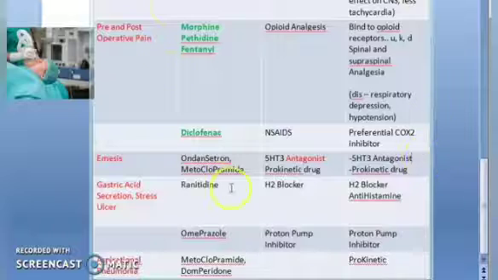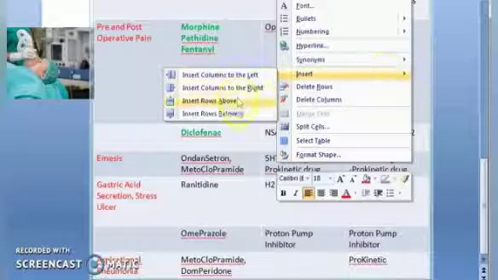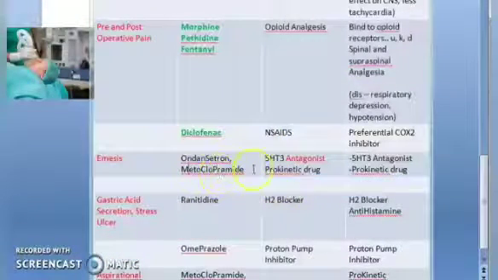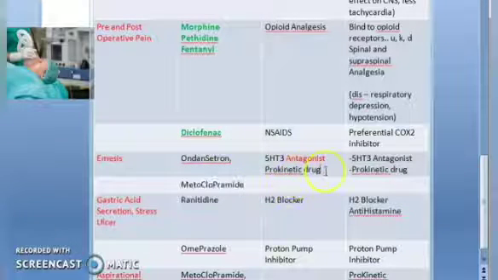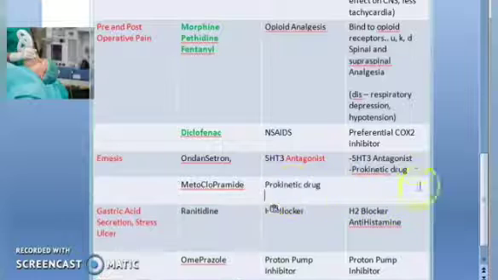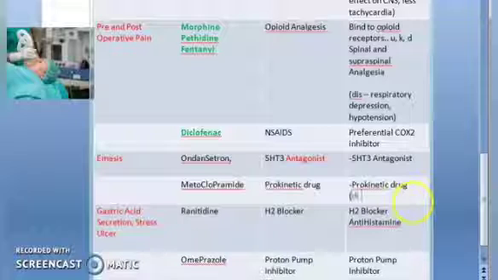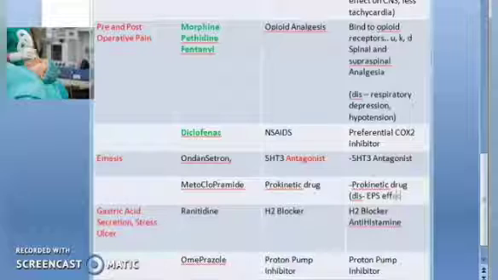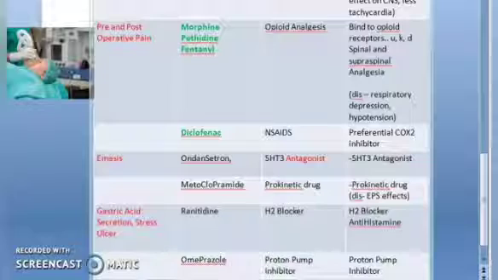So, as metoclopramide has some side effects, okay, hold on, let's make another row here. How do you make another row? Insert a row below, okay. Bring this metoclopramide here. See, metoclopramide is a prokinetic drug. It can also be used as antiemetic. But the problem with this is disadvantages are EPS effects. Extrapyramidal side effects are more. Okay. So what are these extrapyramidal side effects? Like Parkinsonism, acute dystonias, right?